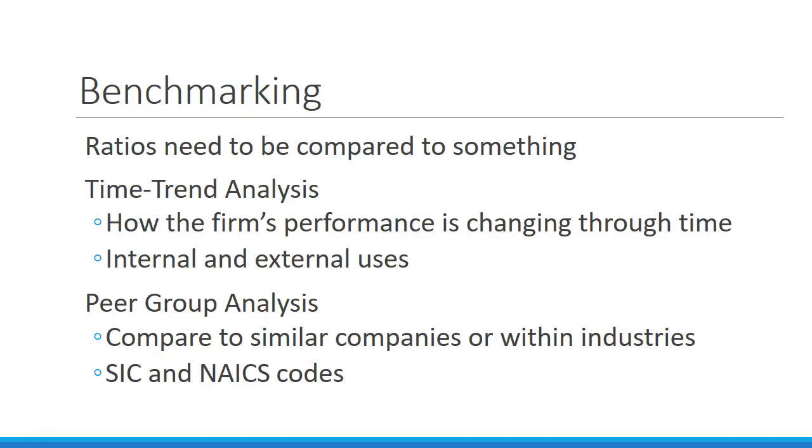Now, comparing two competitors can be difficult. Some of those reasons is because some companies own multiple subsidiaries that work in different industries. So if we have a company that owns a retailer and a restaurant, it's difficult to compare them to other retailers because they have very different information.